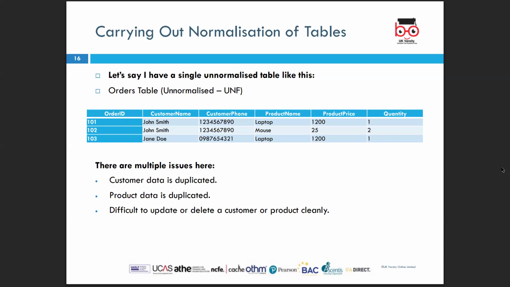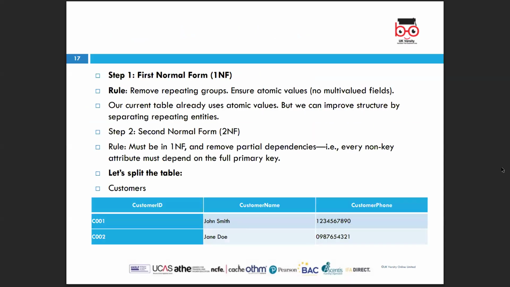We can see that there are multiple issues here. Customer data is duplicated, product data is duplicated, and it's difficult to update or delete customer or product data cleanly. Our first step is the first normal form.